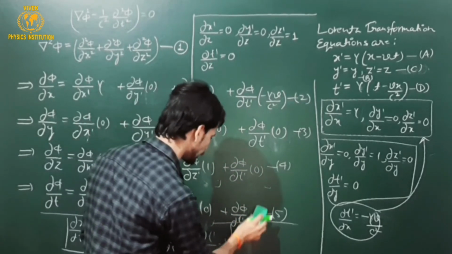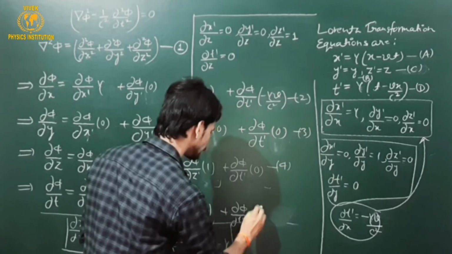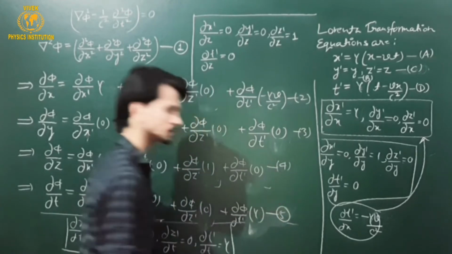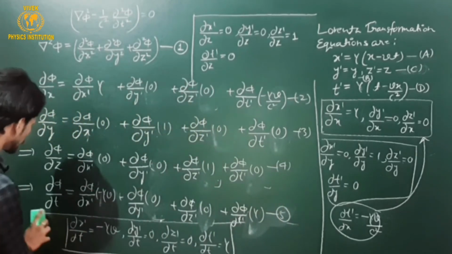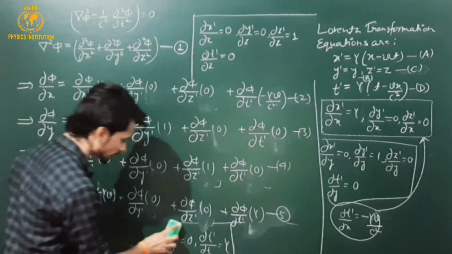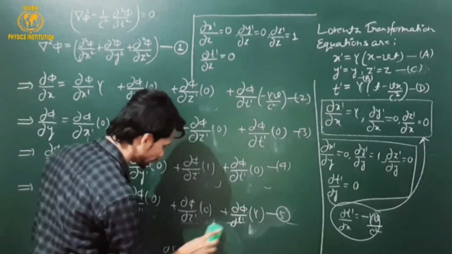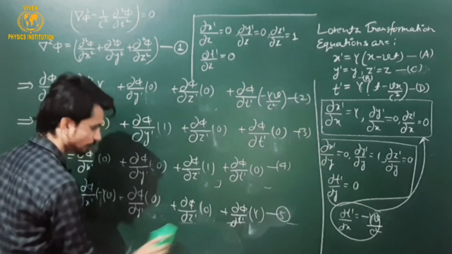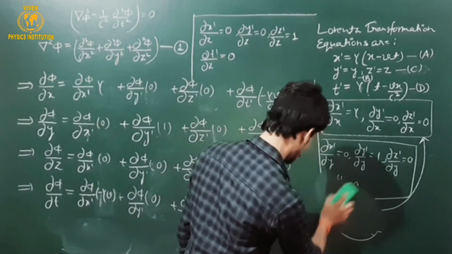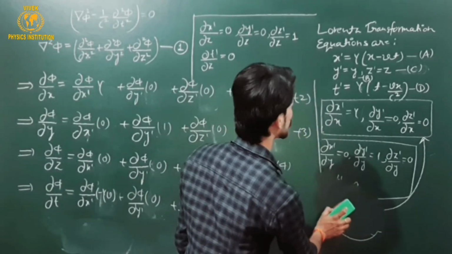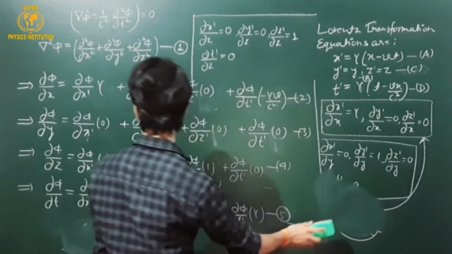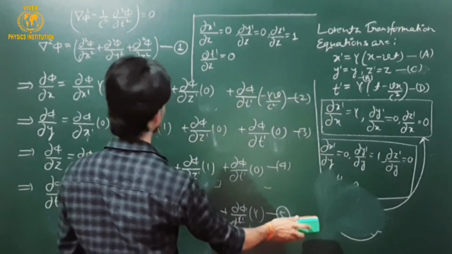So this is plus gamma. Okay, so I have used all these equations in my equations 2, 3, 4 and 5. So I can remove these values.